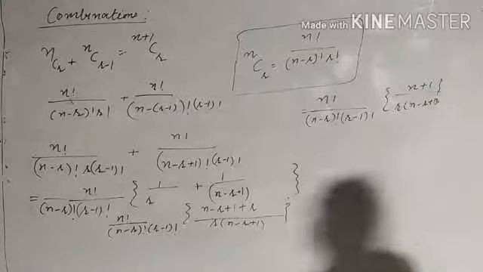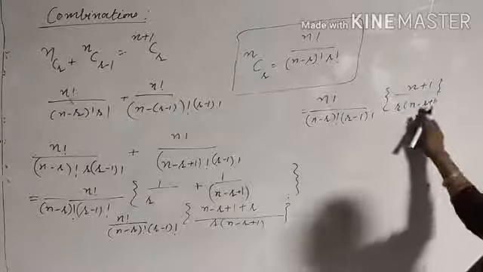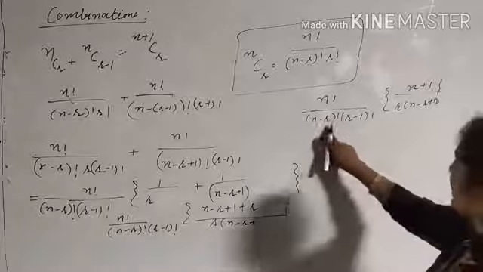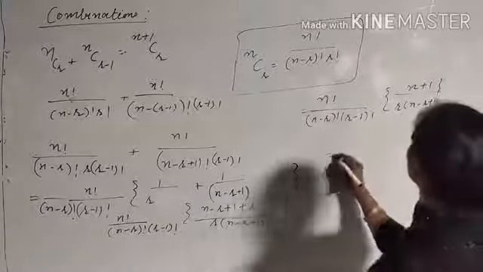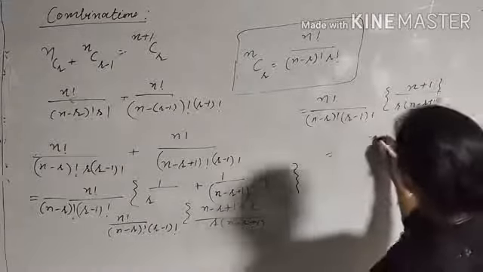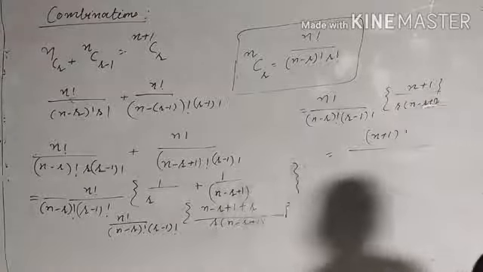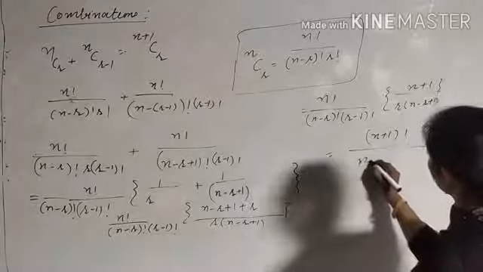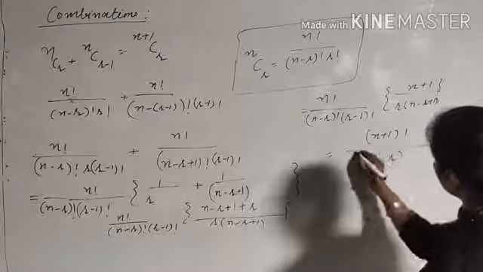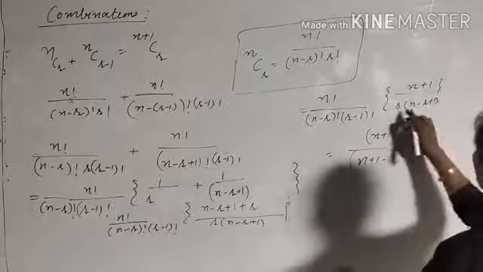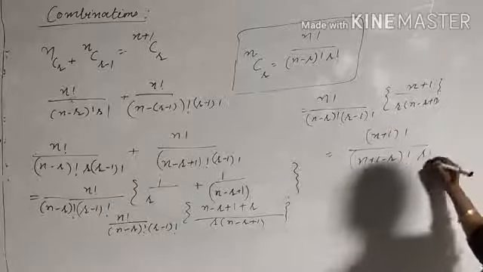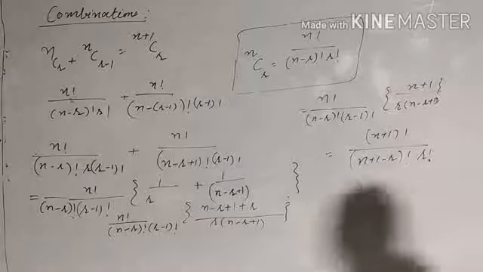Right? Now what is this? (n minus r plus 1) into (n minus r) factorial, and (n plus 1) into n factorial is (n plus 1) factorial, divided by (n plus 1 minus r) factorial into r factorial.